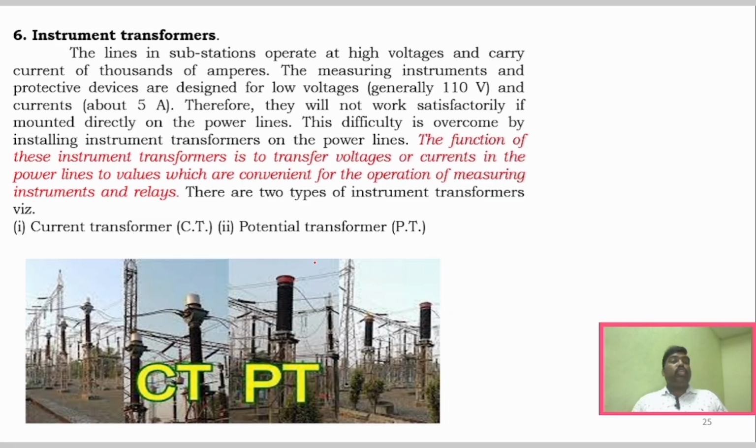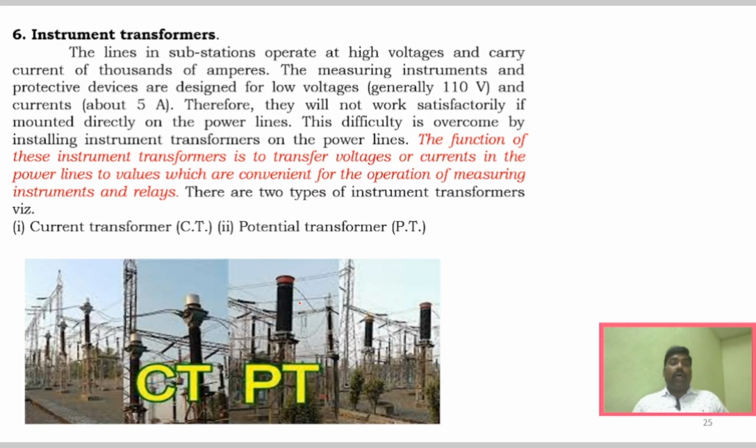And the next one is instrument transformers. In instrument transformers, as I said, mostly it is used for converting the voltages. The instruments which we use for measuring or the protecting devices cannot work fine with the high voltage lines, right? So in order to work satisfactorily, we use an instrument transformer, which transforms the voltage or currents in the power lines to values which are convenient for these instruments.